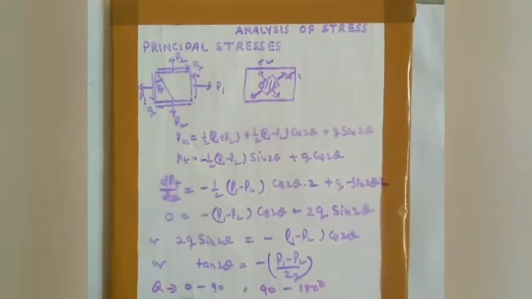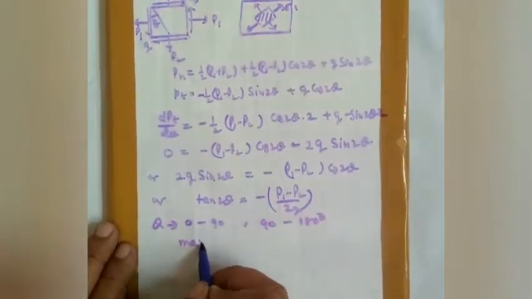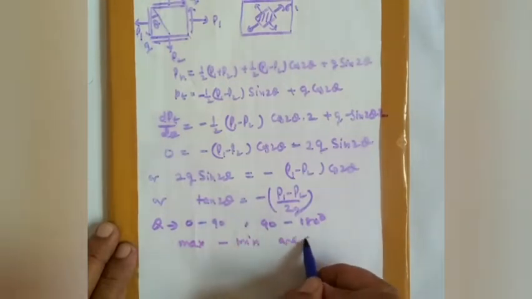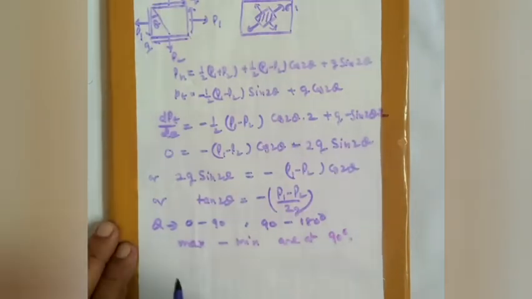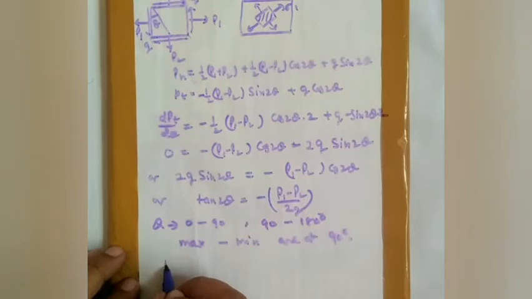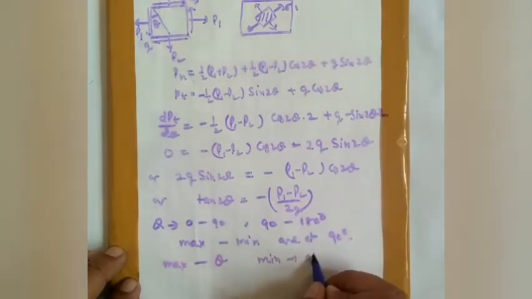So maximum and minimum shear stress are at 90 degree. So if maximum shear stress is at an angle theta, the minimum shear stress would be at 90 plus theta.